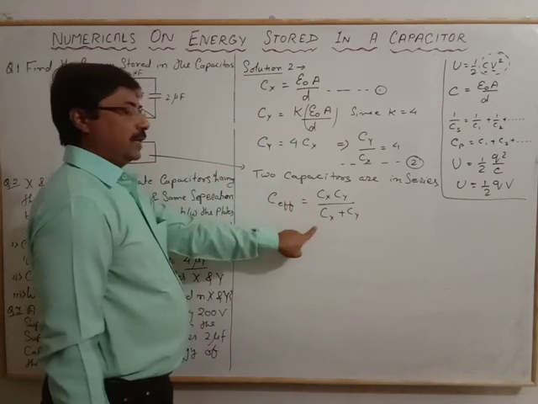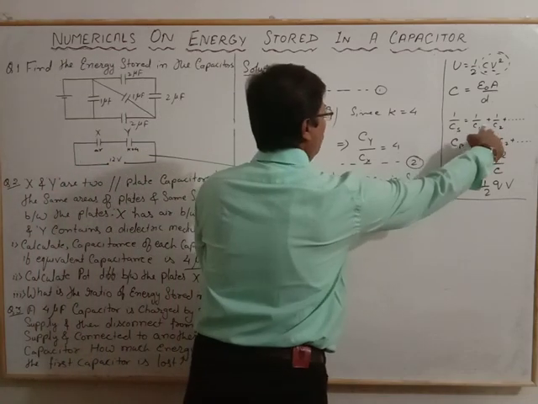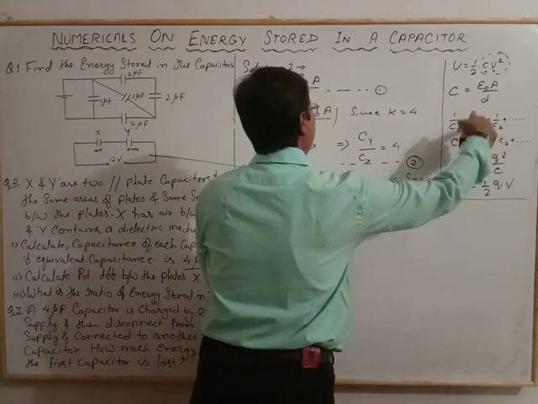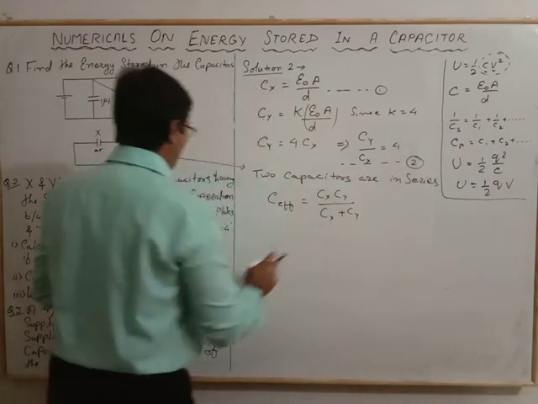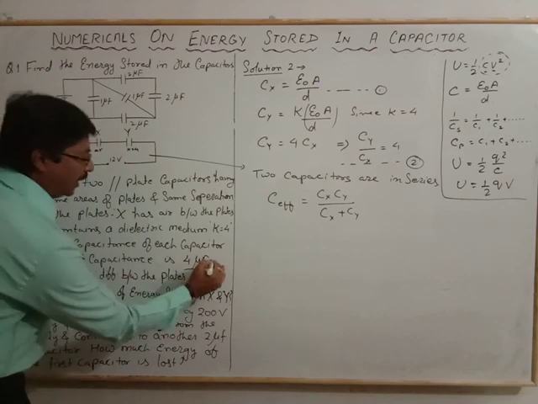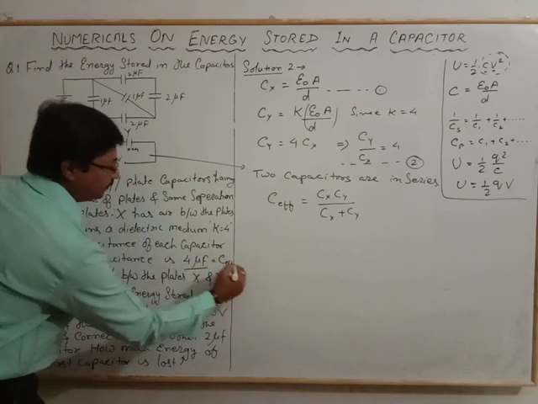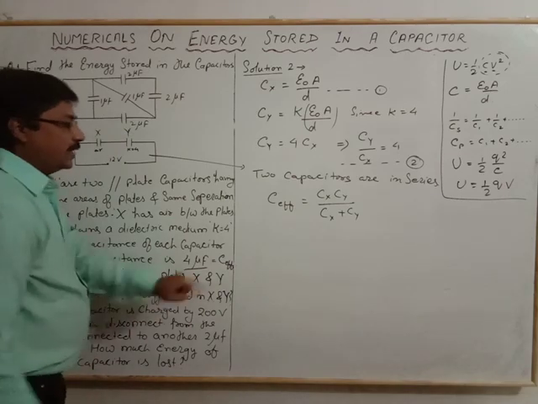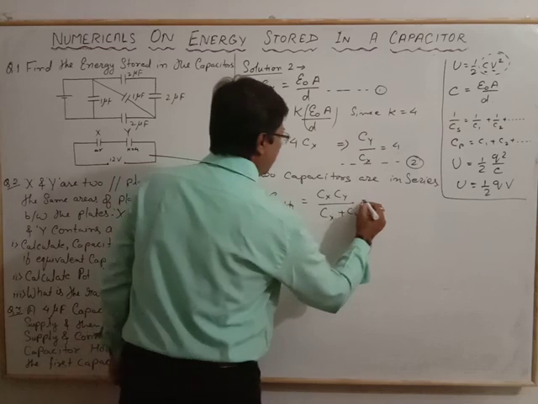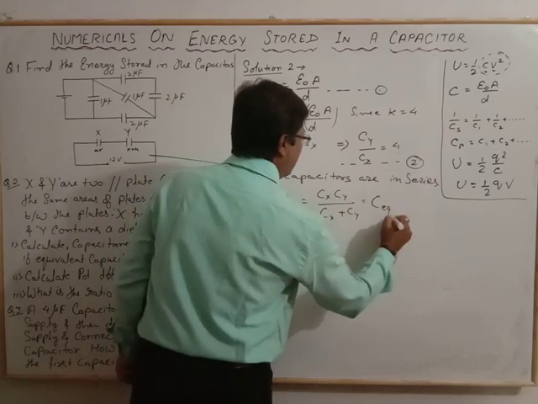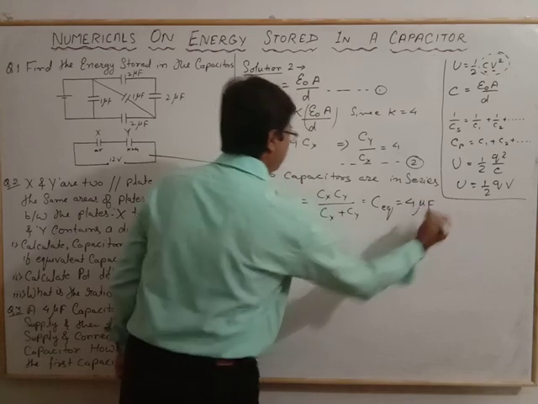So the effective value is equal to this one, and the effective value is 4 microfarad. C effective, or you may write C equivalent, is given as 4 microfarad.